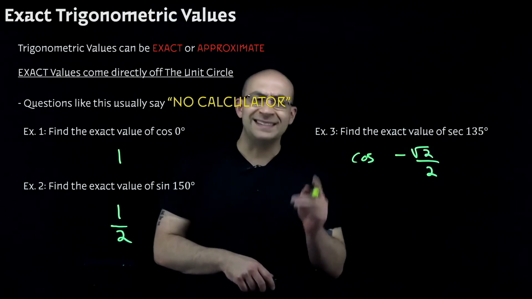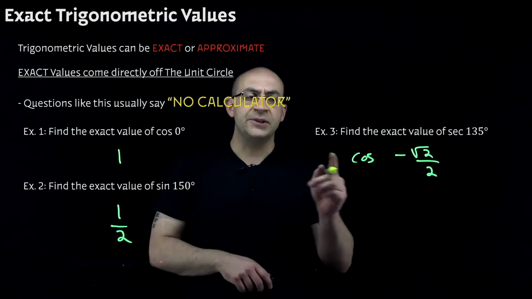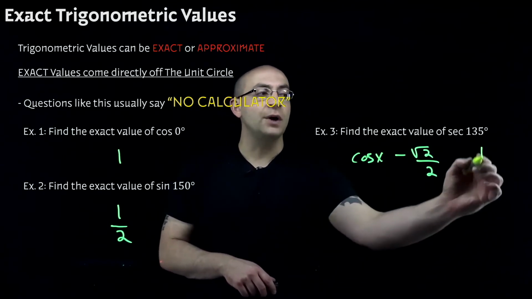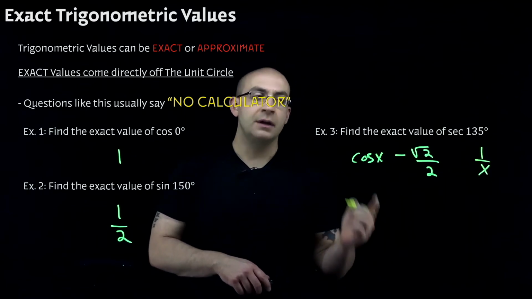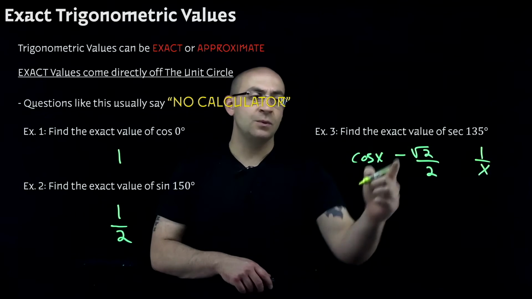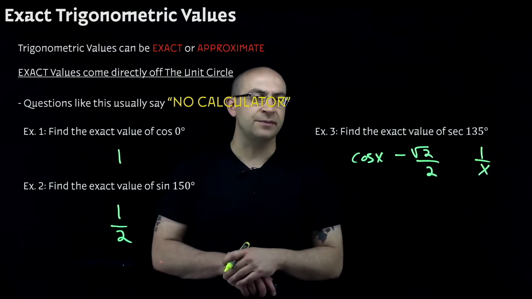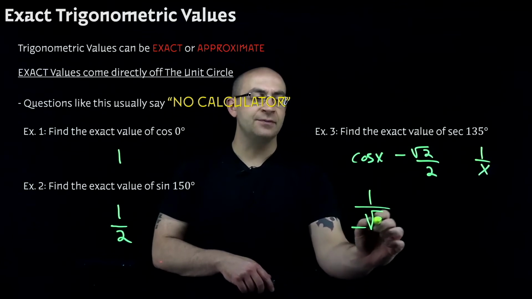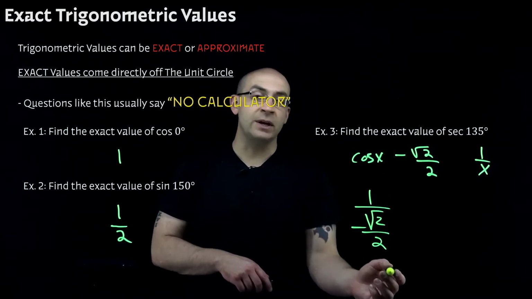But let's recall what secant is. If cosine is x, secant, being its inverse, is 1 over x. So what we're going to do here is replace this x value with our negative root 2 over 2 and simplify as necessary. So what I have here is 1 over negative root 2 over 2. Now, we don't divide fractions.